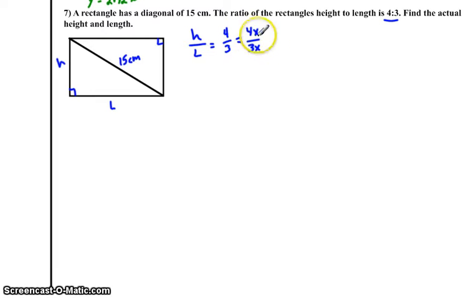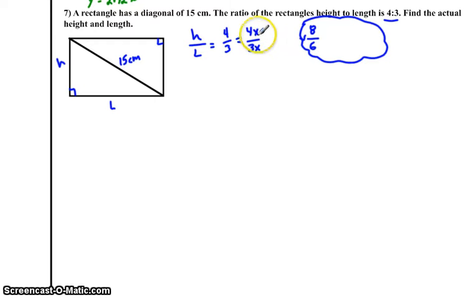Now this works because no matter what number we use for x, this fraction will still be in the ratio 4:3. For example, if I said x was 2, then the numerator would be 4 times 2, which is 8, and the denominator would be 3 times 2, which is 6. 8 over 6 is still in the ratio of 4:3 if you simplify it.